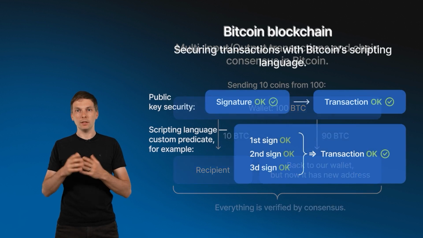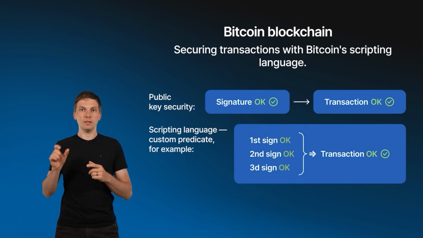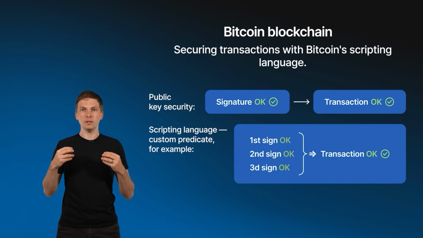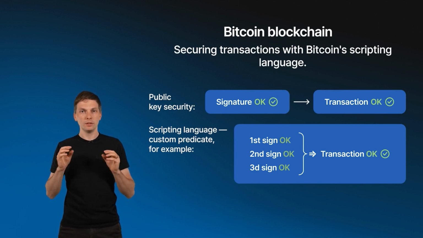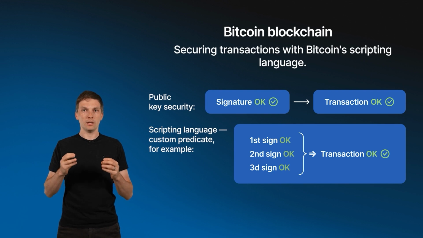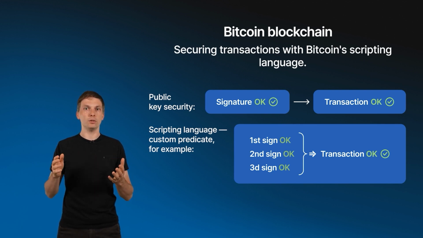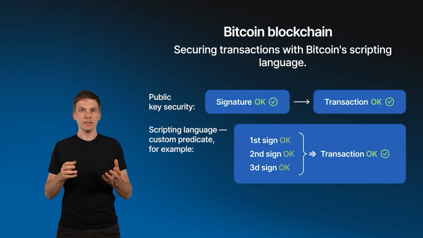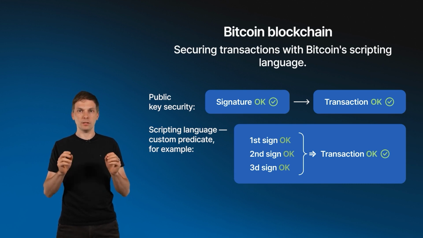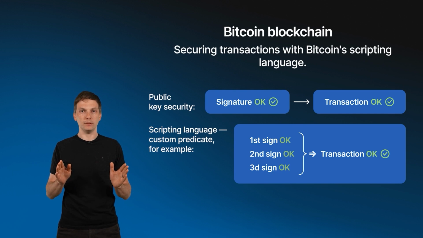Except, in the late stages of development in Bitcoin, this idea of the public key was generalized, and it was replaced by a small scripting language that allows you to encode custom conditions that go slightly beyond checking signatures. In the simplest case, you would have a little program that simply checks a signature, just like with a plain public key.